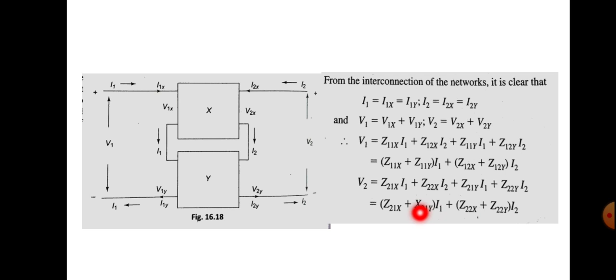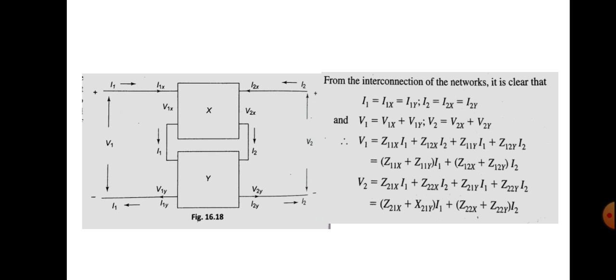Here it is not X, it is Z, that was a mistake. So you can write V2 equal to Z21 I1 plus Z22 I2. Z21 is equal to Z21X plus Z21Y, and similarly Z22 is equal to Z22X plus Z22Y. So here also the Z parameter of the series network is given by the sum of the corresponding parameters of the individual networks.